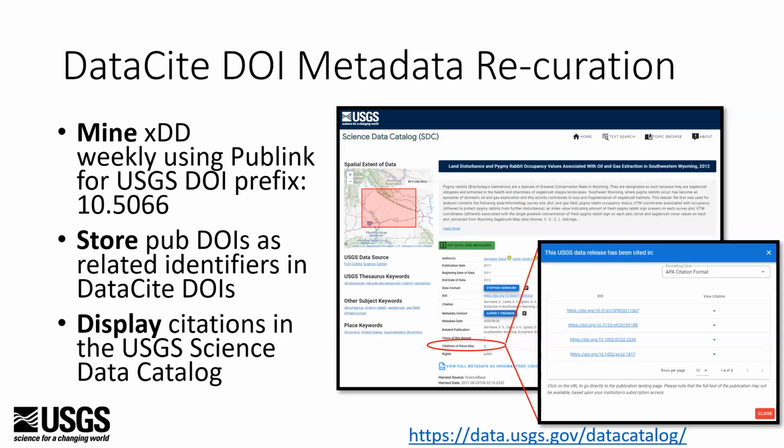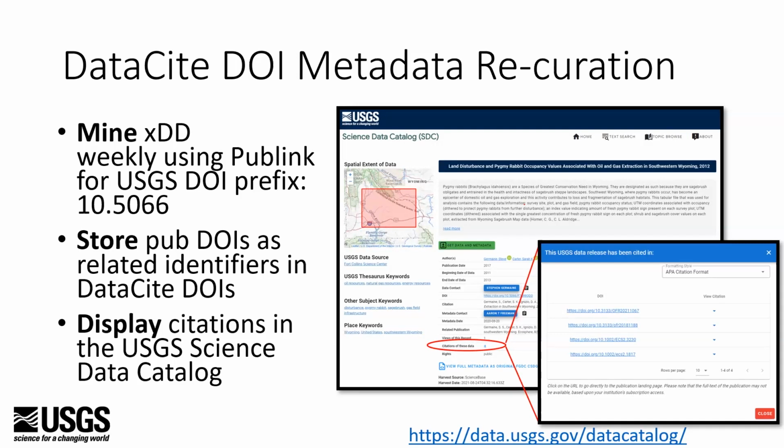When we find a new mention, we store the publication DOI that is referencing the DataCite DOI as a related identifier in the DataCite DOI metadata. We use the relationship "cited by" to make this connection. We then display the related citations in the USGS Science Data Catalog, which is our USGS metadata catalog, to enable end users to understand how a particular data set has been used in the scientific literature.